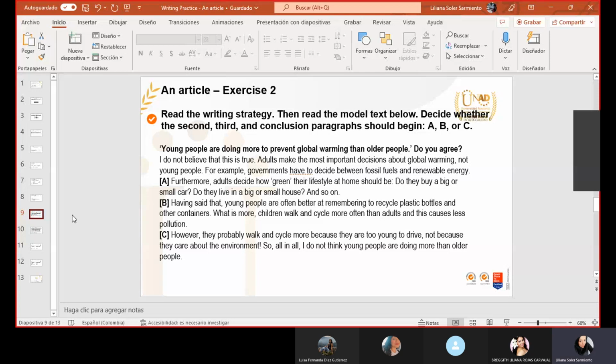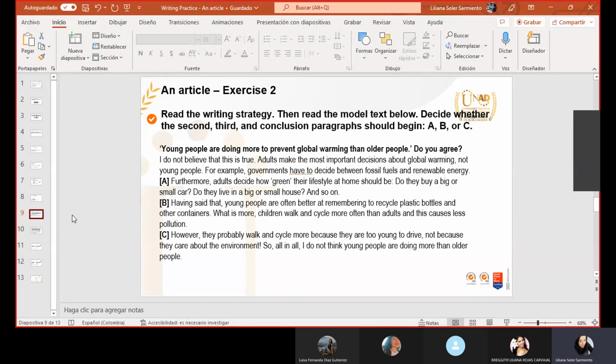Then read the model text below, and we have to decide whether the second, third, and conclusion paragraph should be A, B, or C. These texts are in disorder, and we are going to read and try to identify the correct order of the paragraphs.